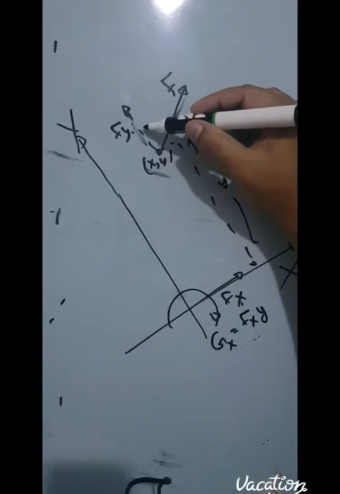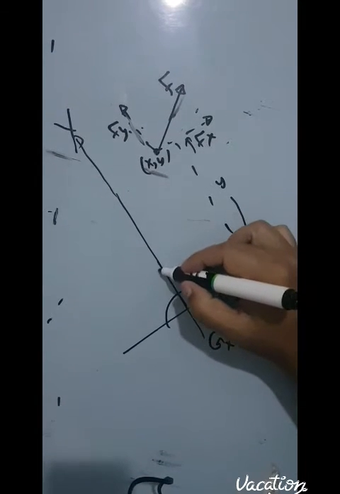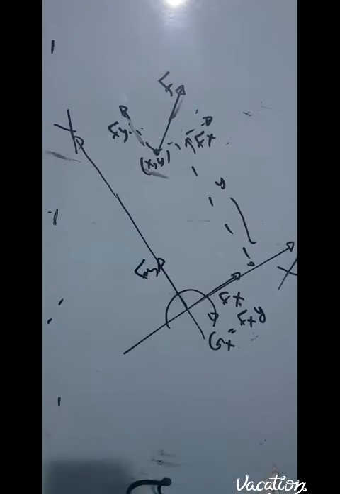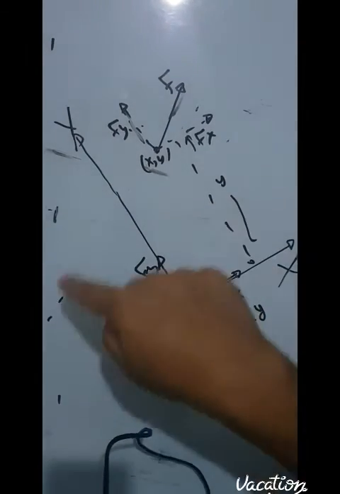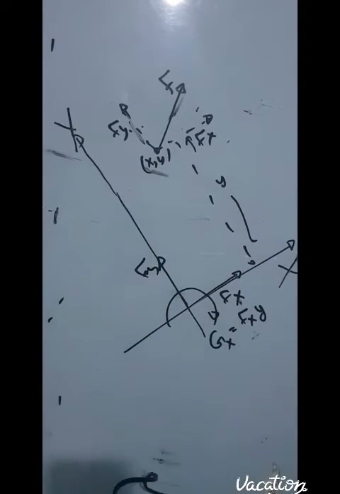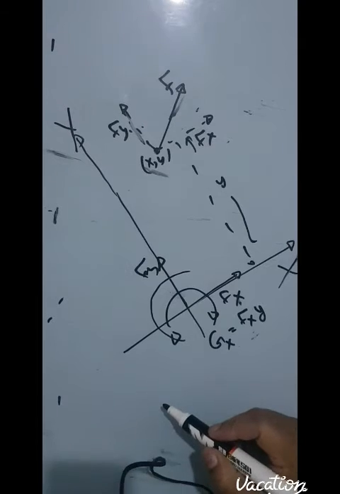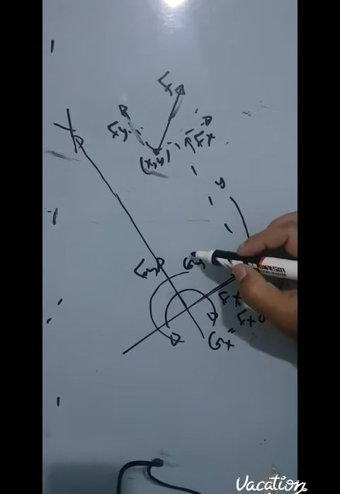And now I want to transfer Fy here. Likewise I transfer Fy. Now look at this. The couple or the moment it applies is in the anti-clockwise direction. So I'm gonna draw another couple here, which is called Gy. So Gy is what?